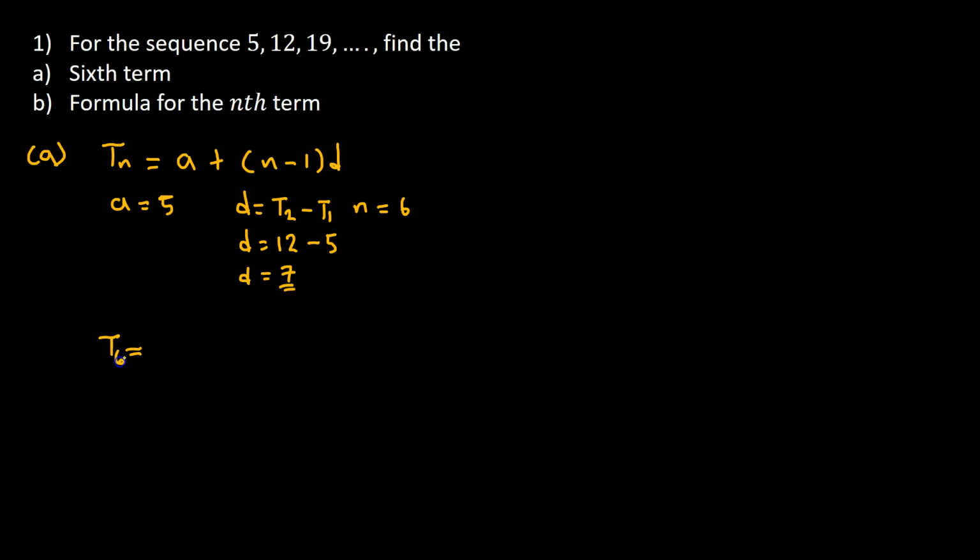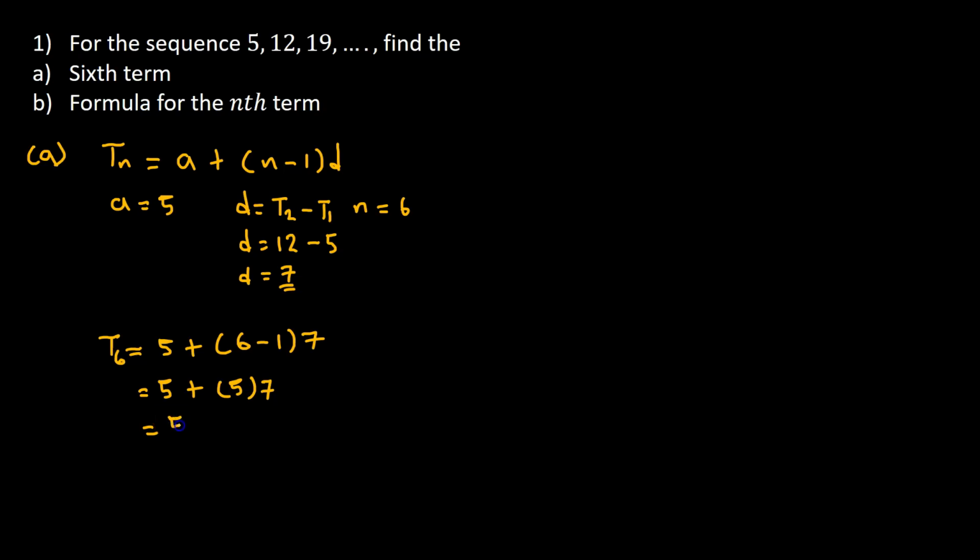So we have 5 plus (60 minus 1) multiplied by the common difference, which is 7, equals 5 plus, let's work out what we have in the brackets. 60 minus 1 gives you 59, and then multiplied by 7.